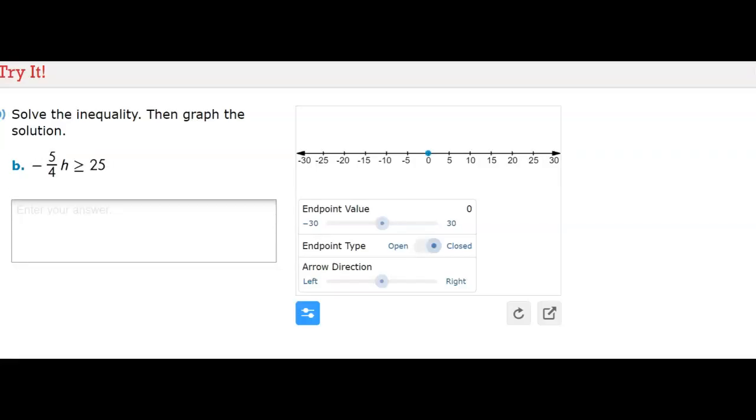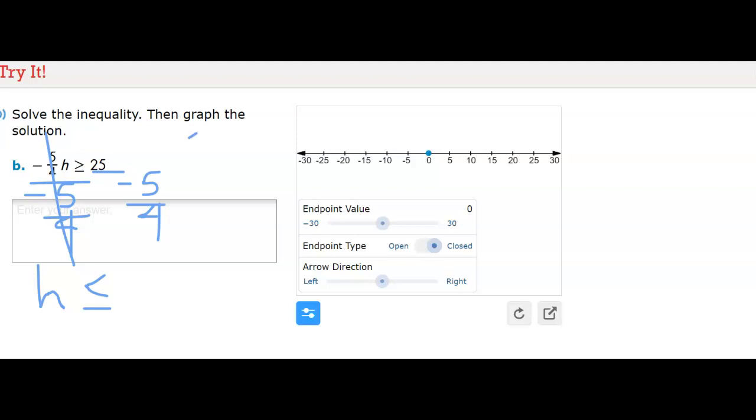Next, here we have negative 5/4 times h is greater than 25. We are going to divide this time the negative 5/4 on both sides of this inequality. That cancels. We're left with h, and this symbol changes direction because it is a negative that we're moving. And then we have 25 divided by negative 5/4.